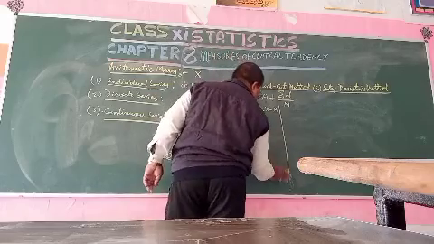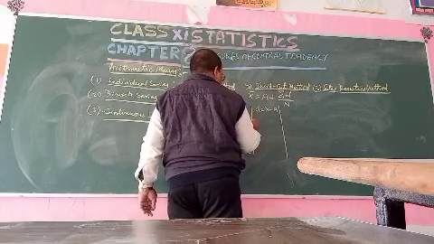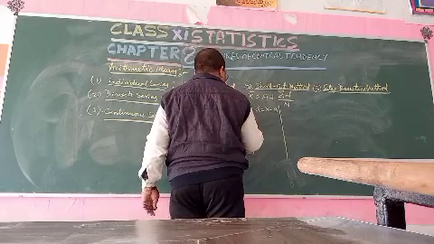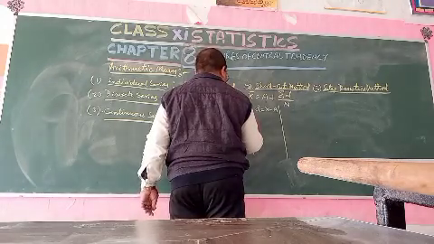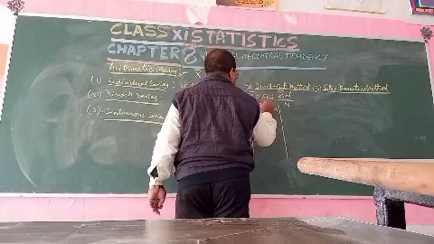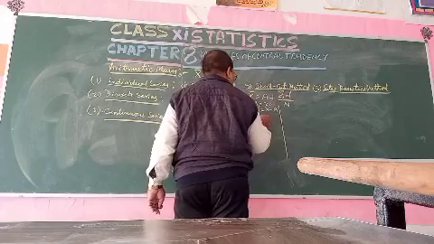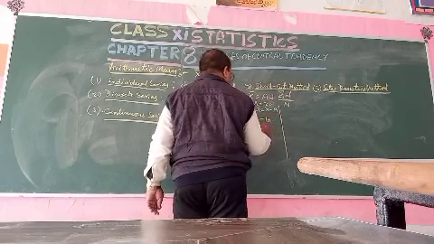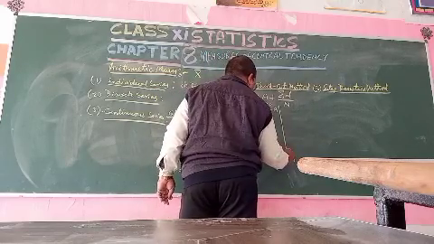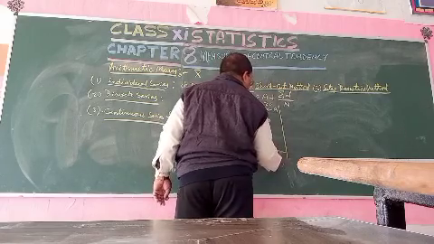We have to assume it, say the mean is considered as 20. Then if a is considered as 20, then 10 minus 20 equal to minus 10, 20 minus 20 is equal to 0, and 30 minus 20 is equal to 10. Then its summation, sigma d, is equal to 0.